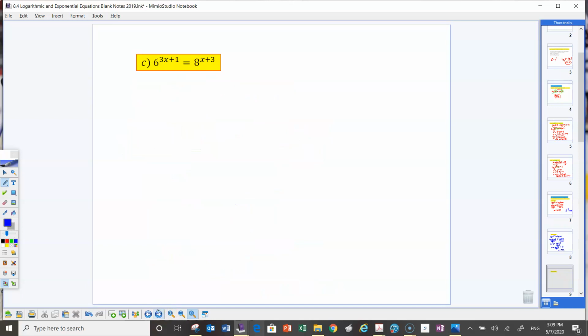All right, the next example, we have an exponent on both sides of my equation. So same thing, I take the logarithm of both sides. Now we bring our exponents out front.